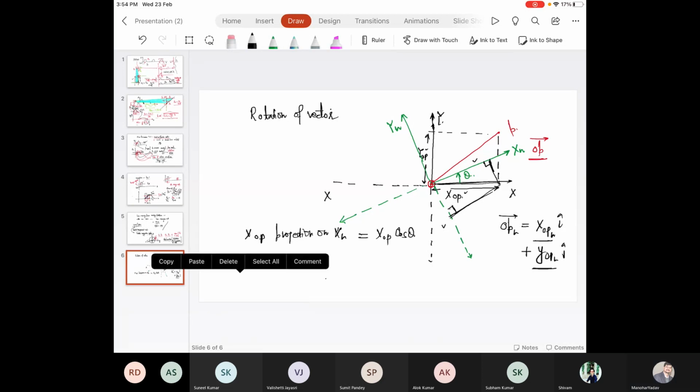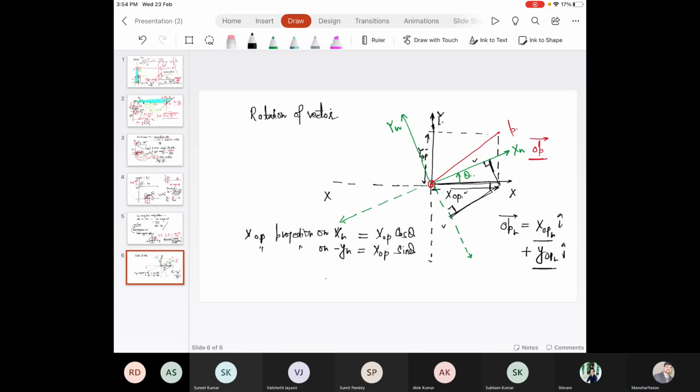Okay. Now XOP projection on, now it will be minus yn axis, and it is equal to XOP sin theta, because this angle is theta.